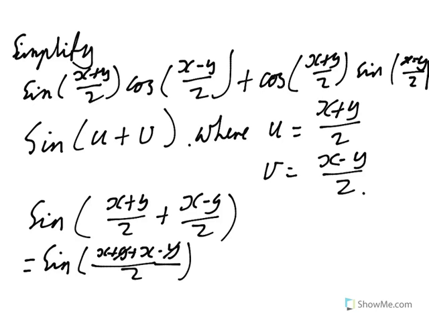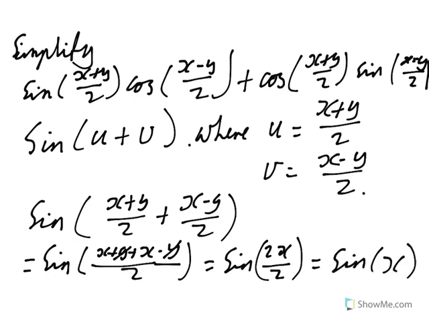The y's subtract, so you've got sine 2x on 2, which obviously then becomes the sine of x. So we've used the sum and difference formula in the opposite way.